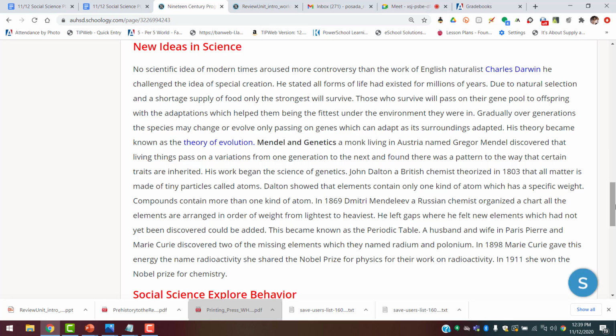Okay, so one other thing I wanted to add when we were talking about the ideas in science, Mendel is a monk who is living in a monastery, and he is actually a gardener.